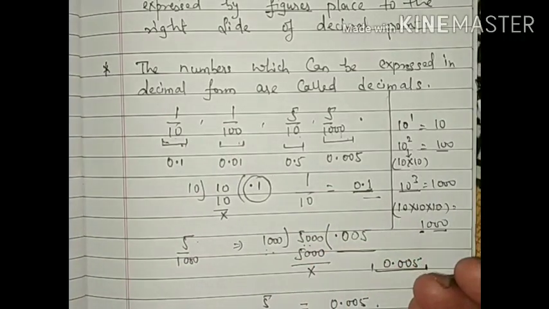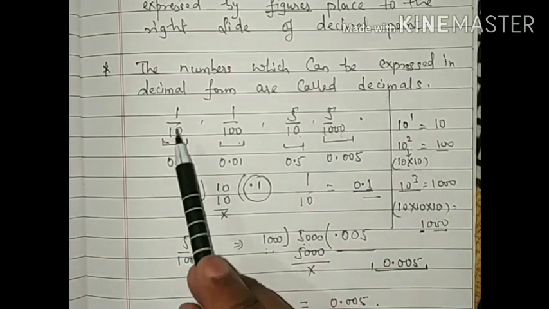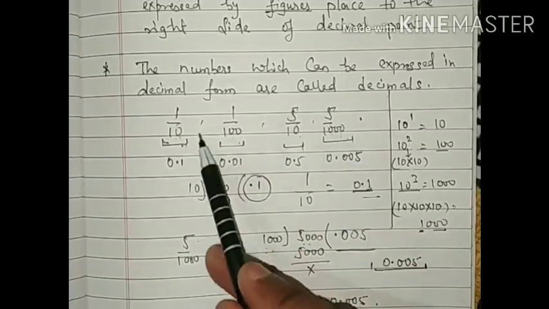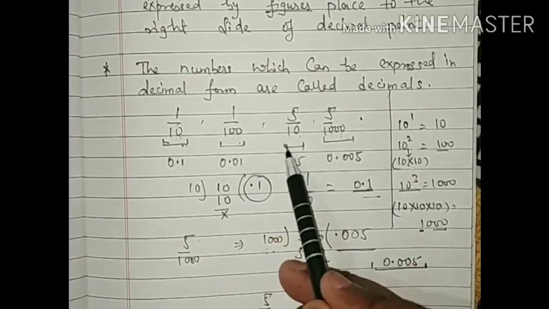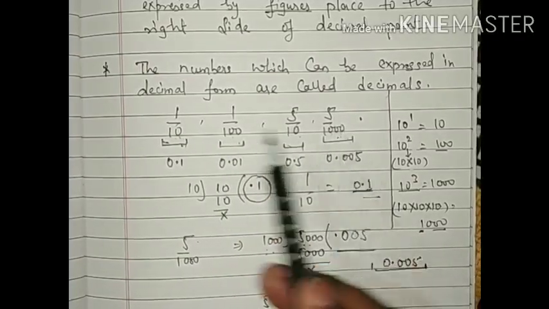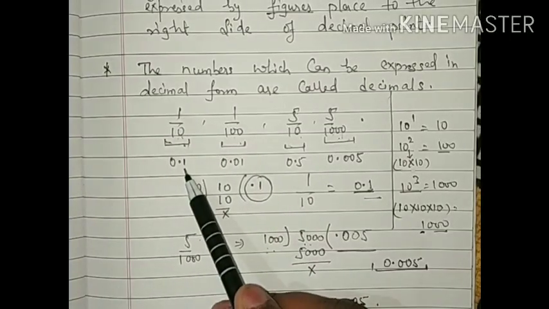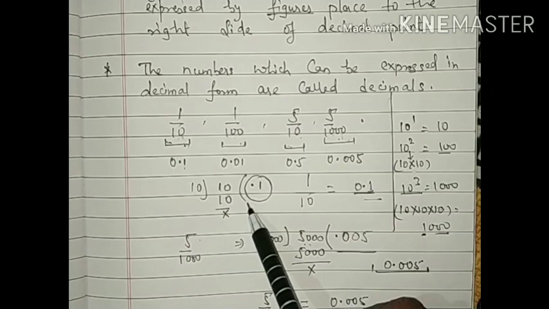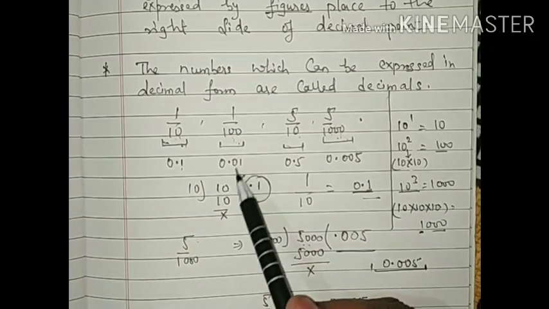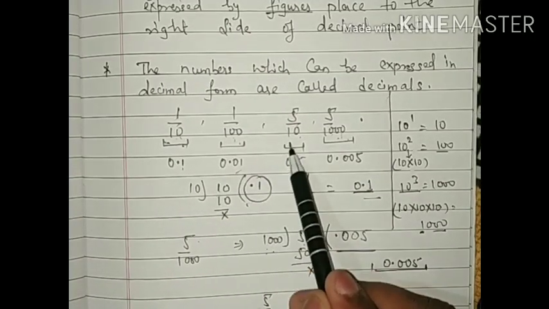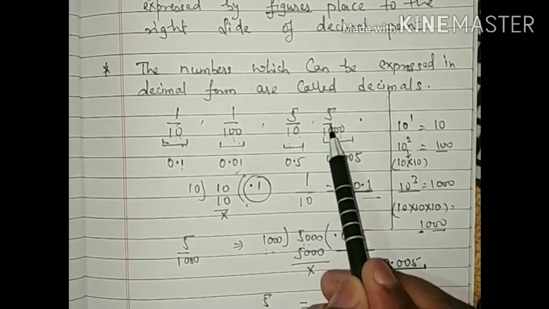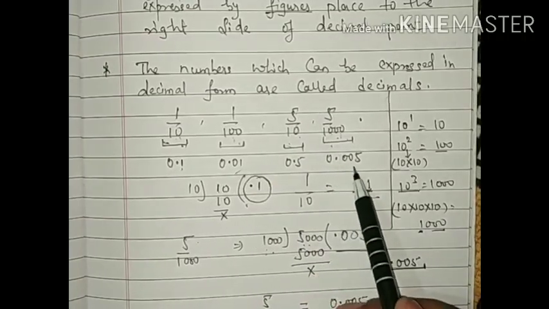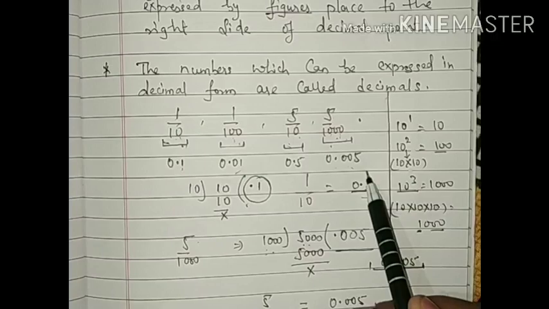I took examples related to the power of 10: 1 by 10, 1 by 100, 5 by 10, 5 by 1000. 1 by 10 can be written as 0.1, 1 by 100 as 0.01, 5 upon 10 as 0.5, and 5 upon 1000 as 0.005.